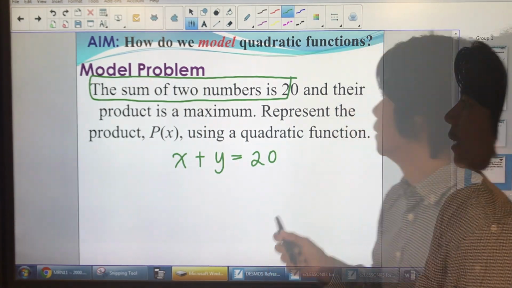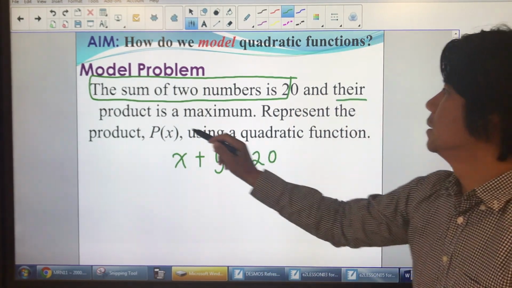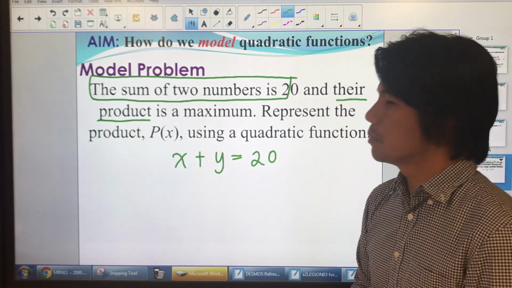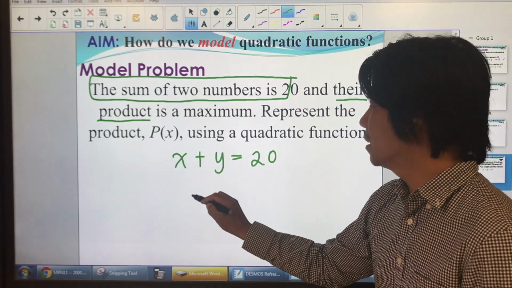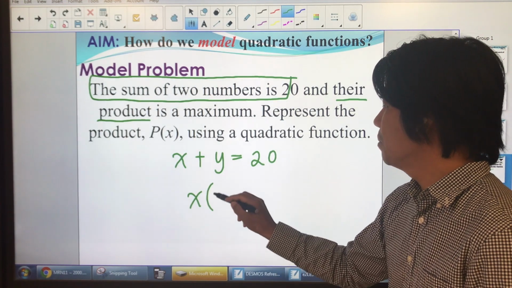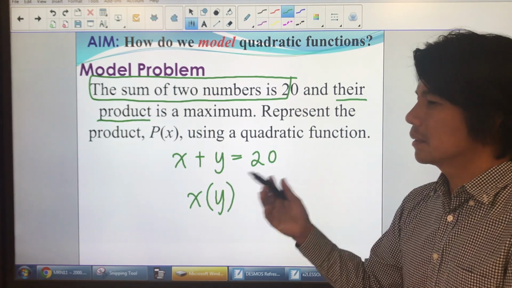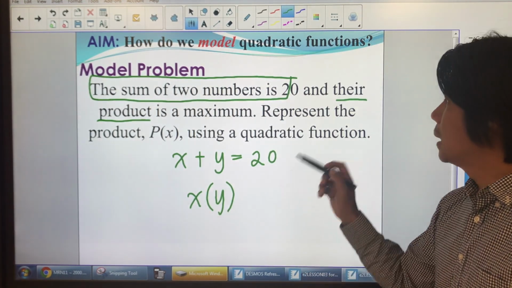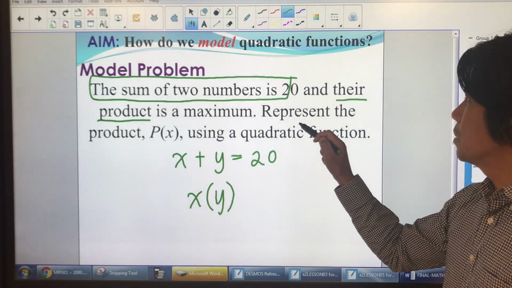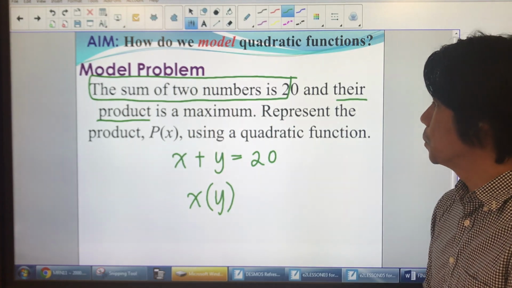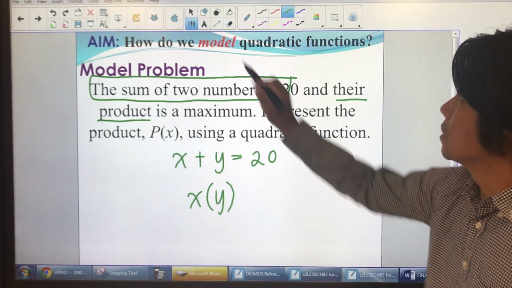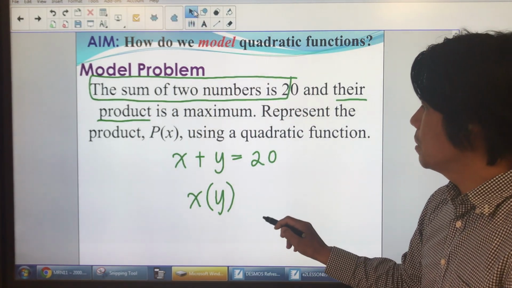Now it says here their product is a maximum. So when we say product, we're multiplying. So if we multiply x times y, the product is a maximum. But it says here, represent the product, which is the maximum, p of x using a quadratic function. Now, what does it mean?